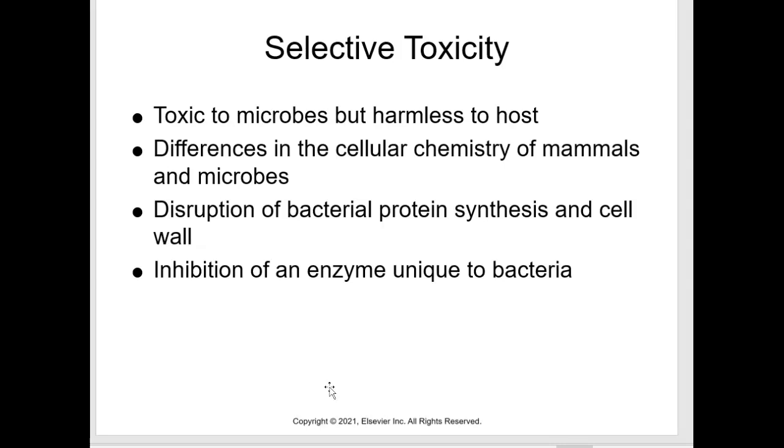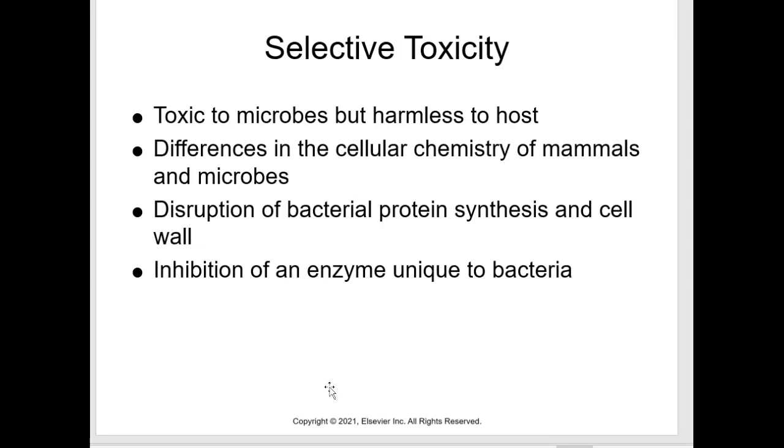So when we give an antibiotic, the way that it works, whether it disrupts bacterial protein synthesis or the bacterial cell wall, is unique to that microbe. The next option we have for treatment is inhibition of an enzyme unique to bacteria. This is like our sulfonamides. They are selectively toxic because they inhibit the enzyme that is critical to bacterial survival, but not to our survival.